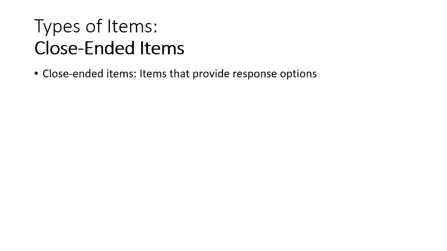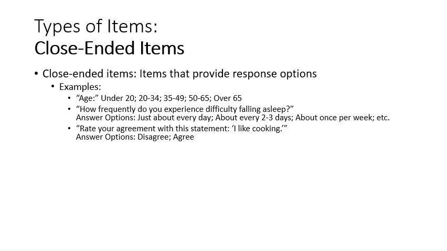So very often we end up with closed-ended items, and these are just items that have response options. A person cannot respond freely. So here are some examples. Age: instead of you writing your number of years, you have these categories: under 20, 20 to 34, 35 to 49, 50 to 65, over 65.